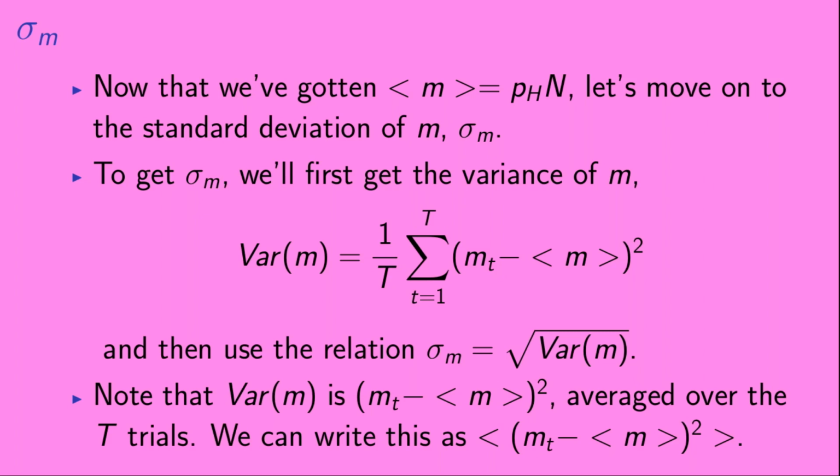Now, let's note that the variance of m is the square of m_t minus the mean value of m, averaged over the t trials. We can write this as the square of m_t minus the mean value of m, all in angle brackets.